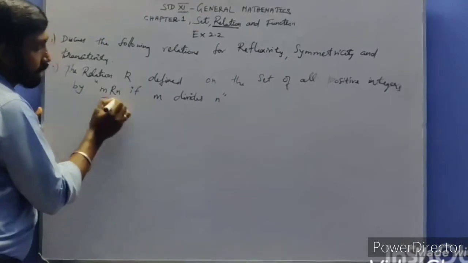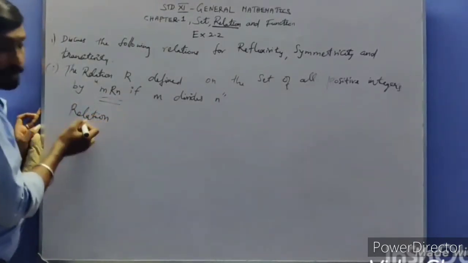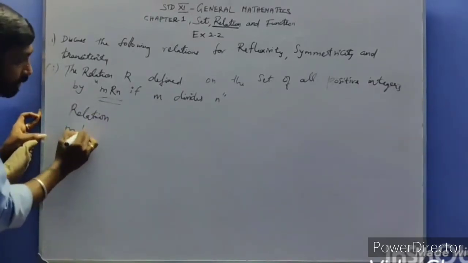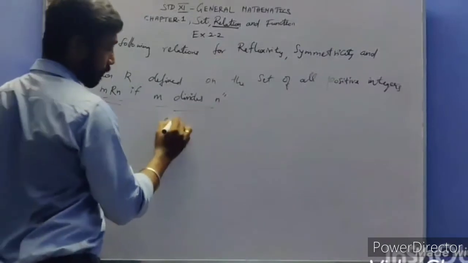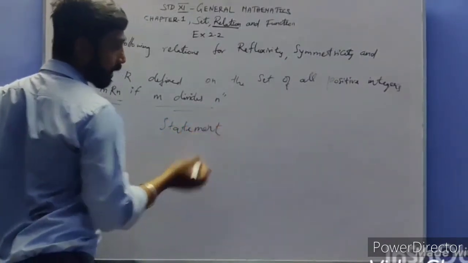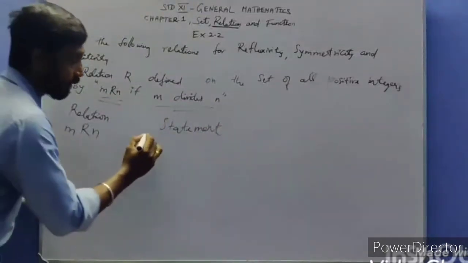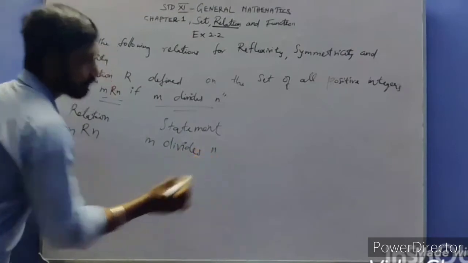This one is a relation. What is the relation they have given here? m related to n. This one is a statement. In all the sums you have to take the given data like this. What is the statement given here? m divides n. So listen.